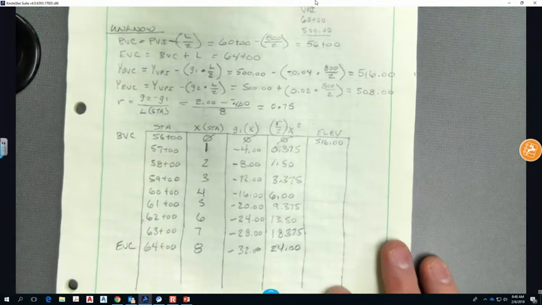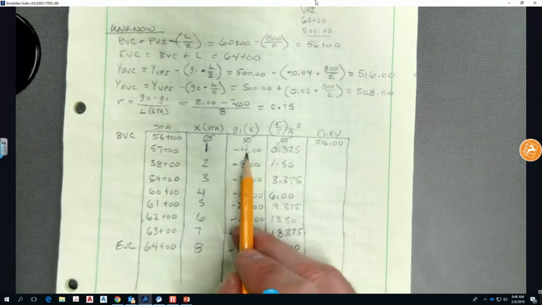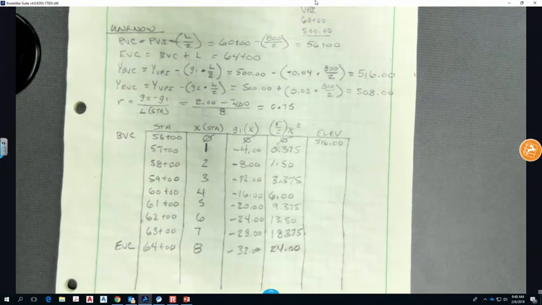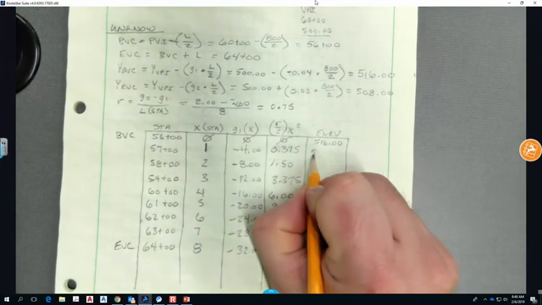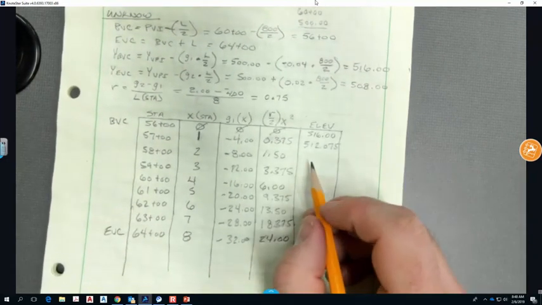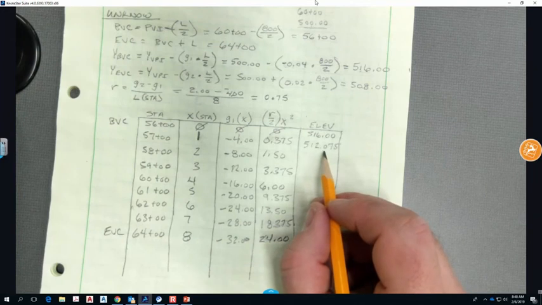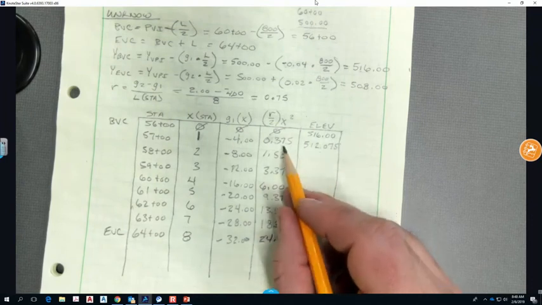All right, so let's figure out our elevations. What's the elevation at 57 plus 00? This plus that. 512.075. Okay. Anybody concur with that? 516. All right, you're making me do it.